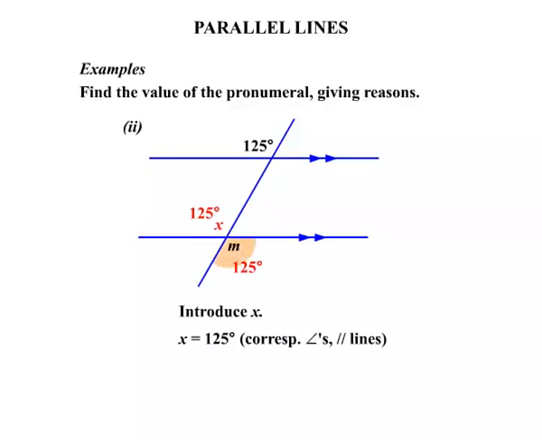We then could say that M equaled 125 degrees, and the reason behind that is that they were vertically opposite angles. Right, so in that example you can see that sometimes we actually will introduce our own letter and mark it in on the diagram to help us writing the solution. Terrific.